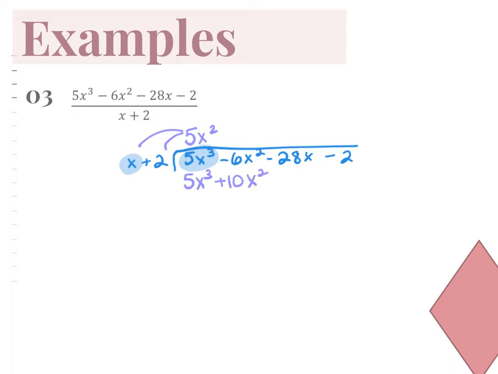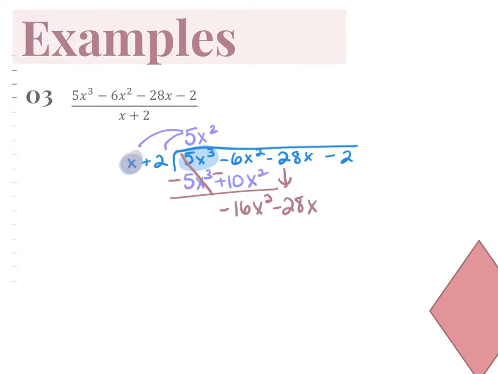Now I change my signs and add. Negative 5x to the third cancels positive 5x to the third, which is what we're trying to do. Negative 6x squared minus 10x squared is negative 16x squared. Bring down the minus 28x. We bring them down one at a time. Yeah, good question.